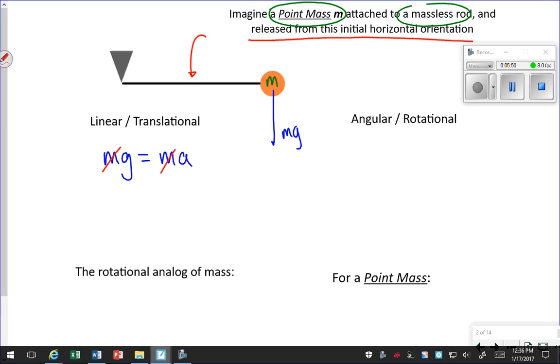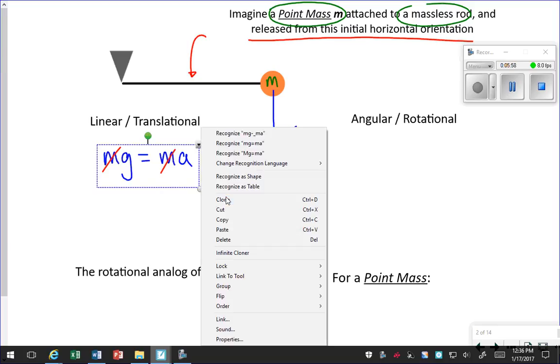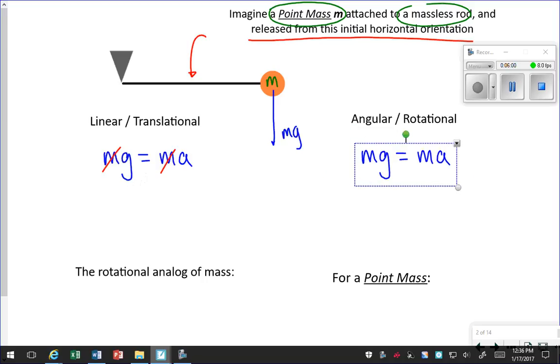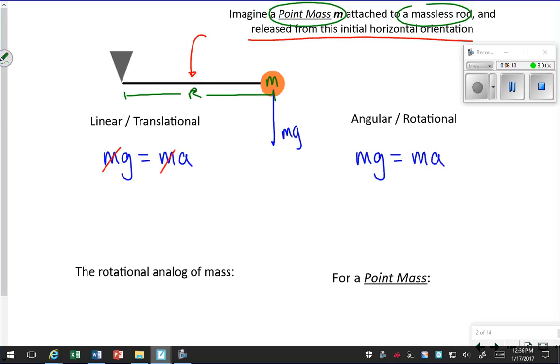Now, from an angular or rotational side, here's what we can do. Let me go back to this. I start with that force statement, but then say that this is a distance r, and I multiply both sides of this expression by the same common factor.